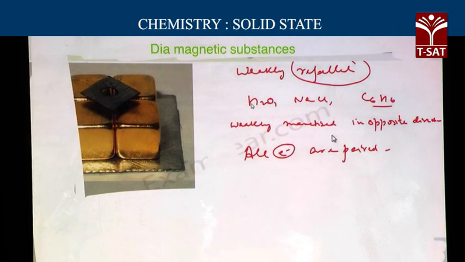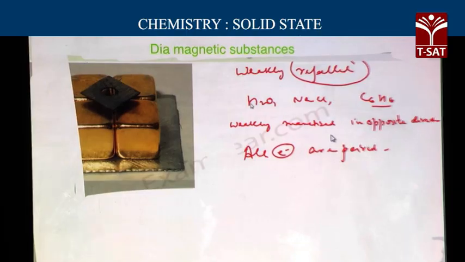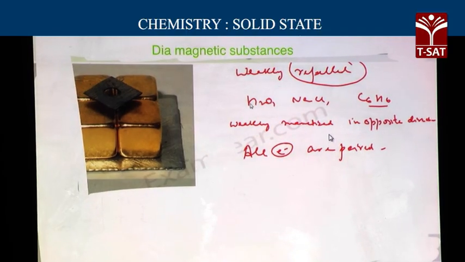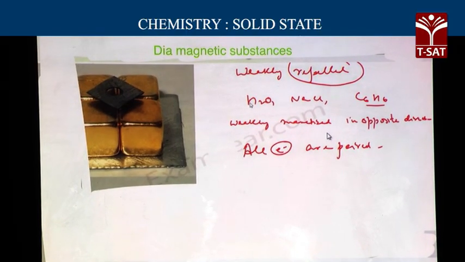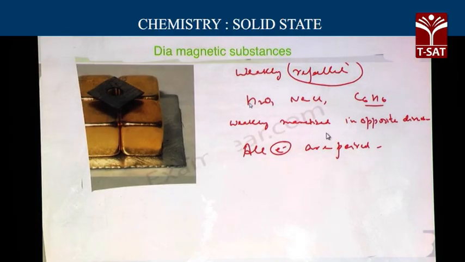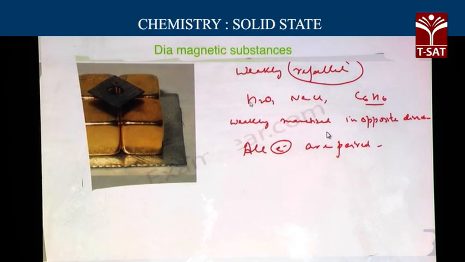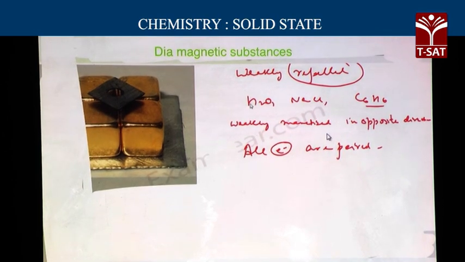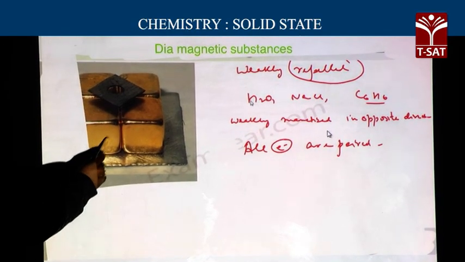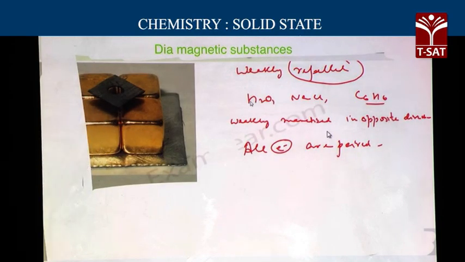Diamagnetic substances are repelled by the magnetic field. This is because all the electrons are paired up. Examples of diamagnetic substances are benzene, NaCl, Zn+2, scandium+3, etc. Why are they repelled by the magnetic field? Here, this is a diamagnetic substance and this is a magnet.